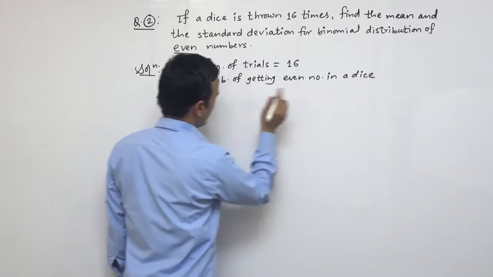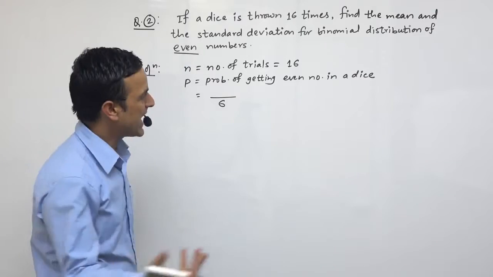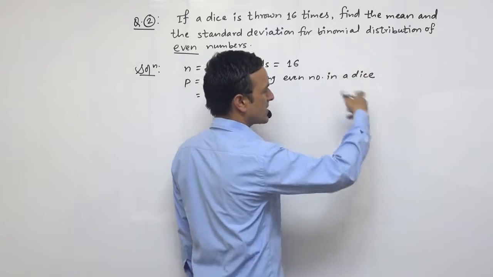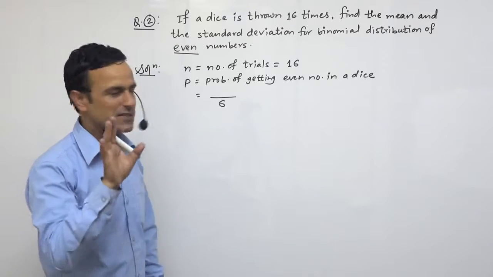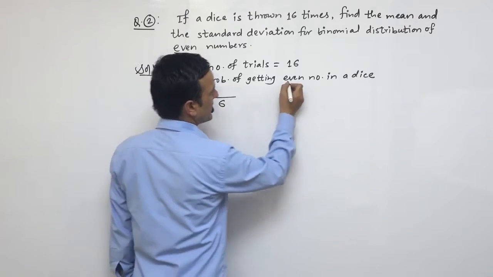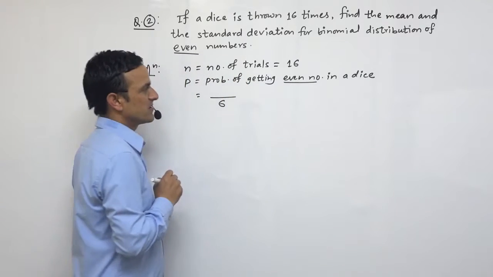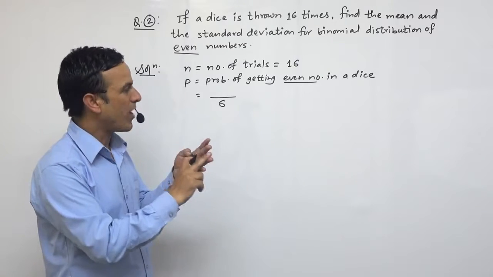डाइस भन्ने बित्तिकै a dice has 6 faces. As you know that a dice has 1, 2, 3, 4, 5, 6. So there are 6 faces. So write down 6. And the even number, how many even numbers among them? Even number means 2, 4 and 6.